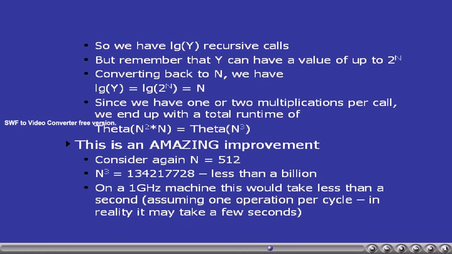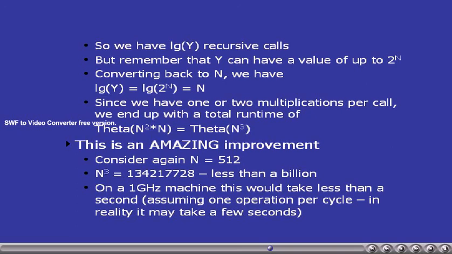Thus, the order of complexity becomes log y into n square. However, the worst possible value of y is 2 power n. So, log of y becomes n.